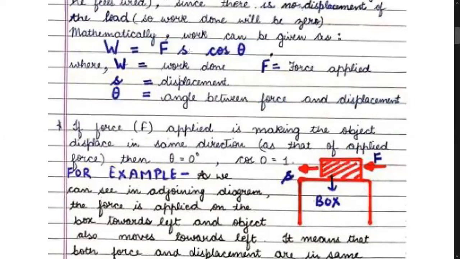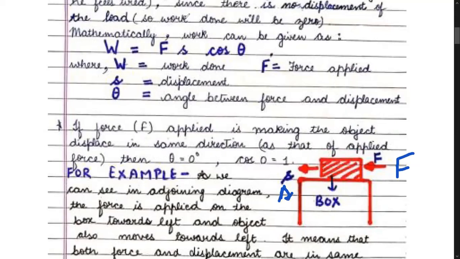Children, if force is applied making the object displace in the same direction as that of applied force, then we say the angle is 0 degree. Suppose you are applying force in one direction and the object is also moving in the same direction. Then the two, force and displacement, are acting along the same line.